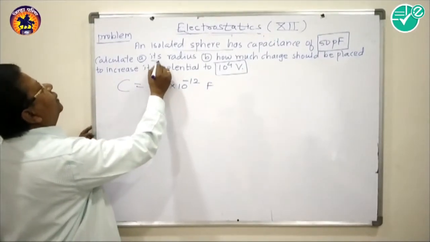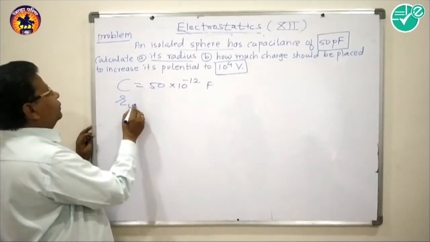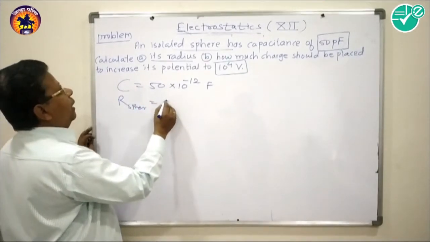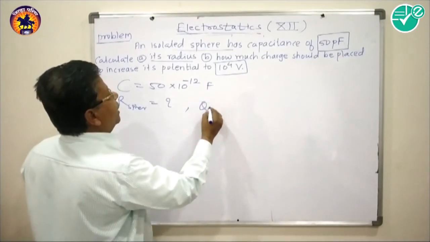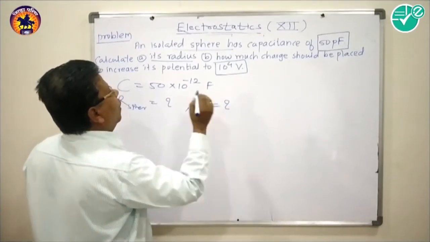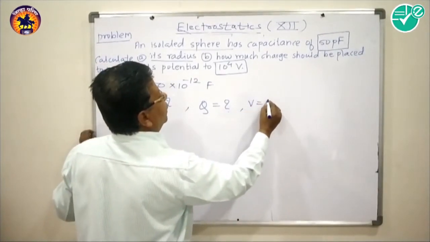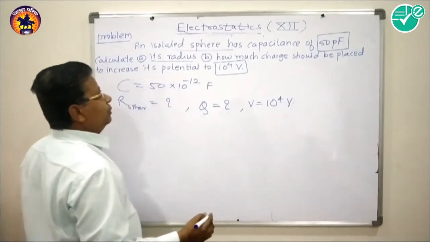And we want to find the radius of the sphere, and also the charge on the sphere if the electric potential is given as 10 to the power 4 volt.